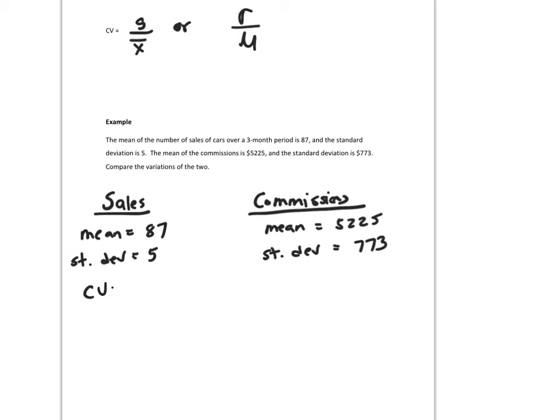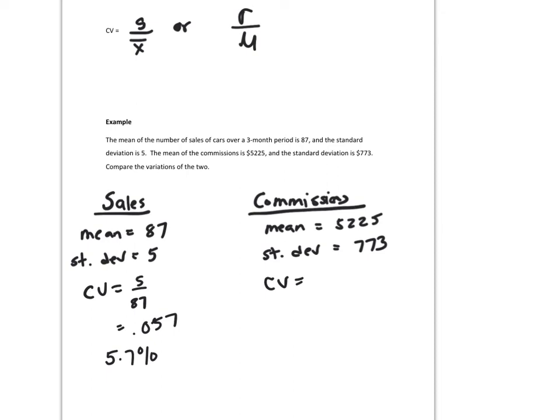So my coefficient of variation for sales is 5 divided by 87, and that's about 0.057 or 5.7%. And the commissions coefficient of variation: what I've done is we were talking about two different things, sales and commissions, but with the coefficient of variation, if I convert to the CV, then I can compare those numbers.